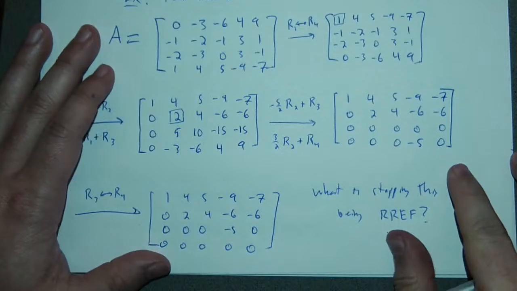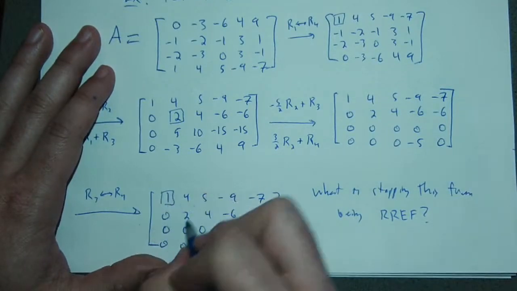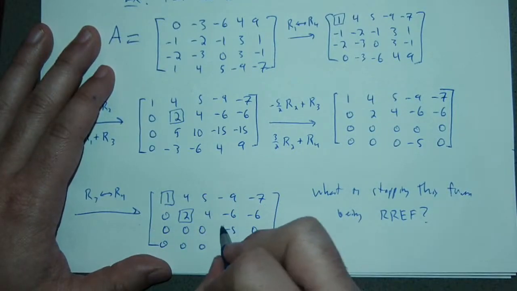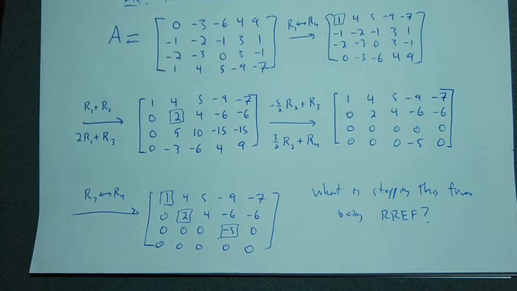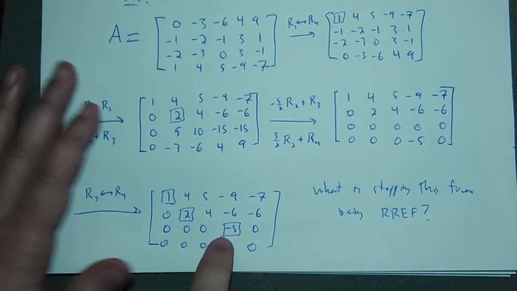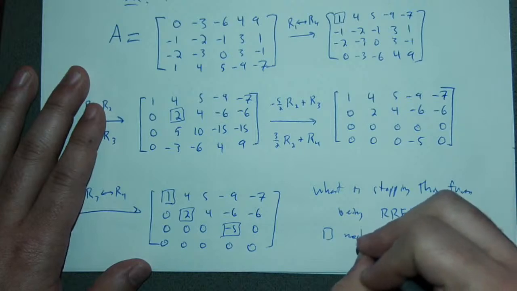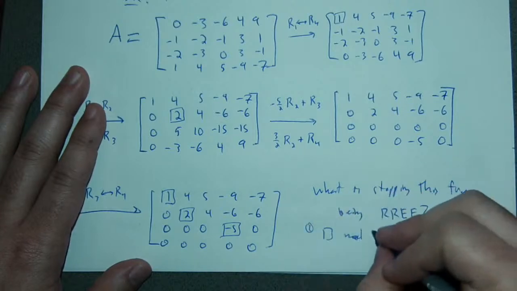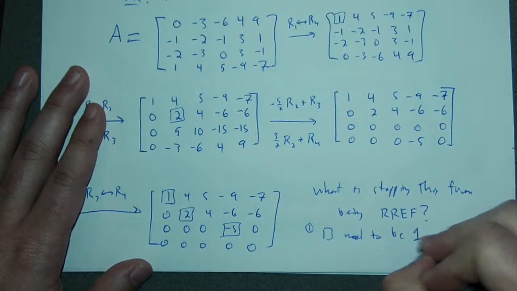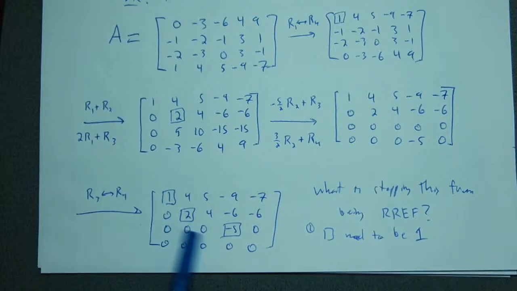Well, there's a couple of things. These pivot positions would all need to be 1. These leading entries all need to be 1, so the squares need to be 1. This is one thing. One of them is, but these two aren't.